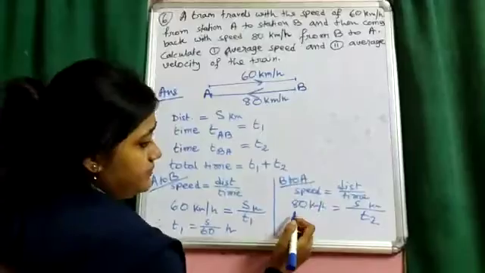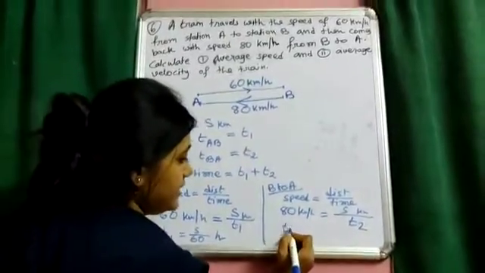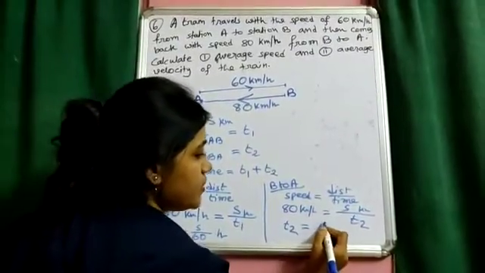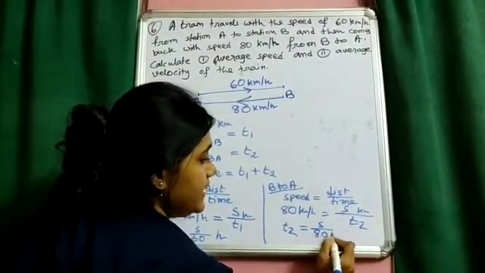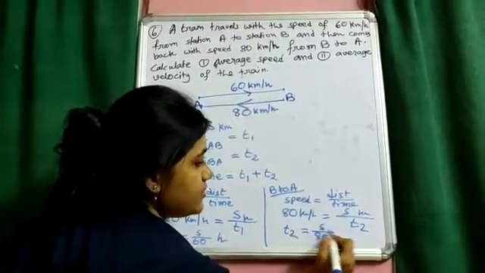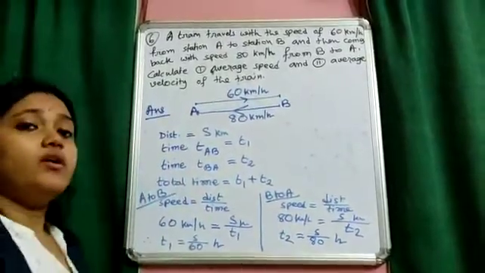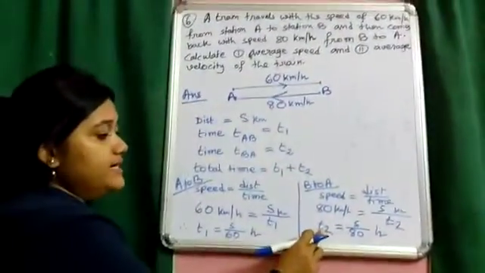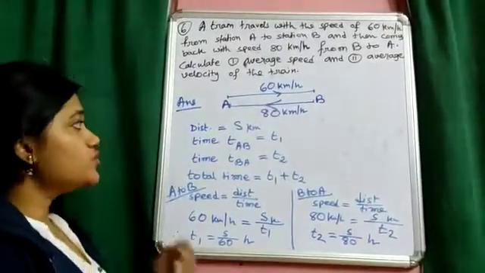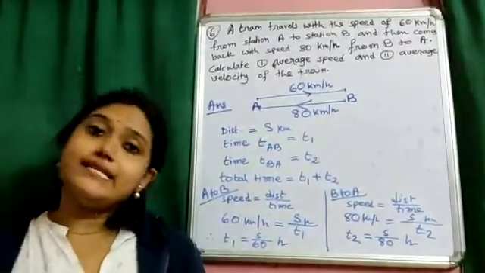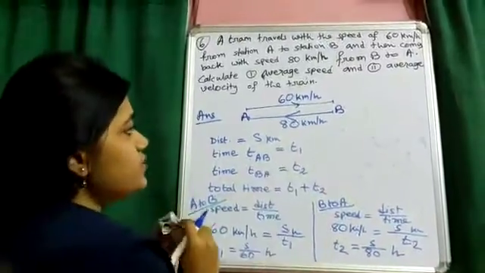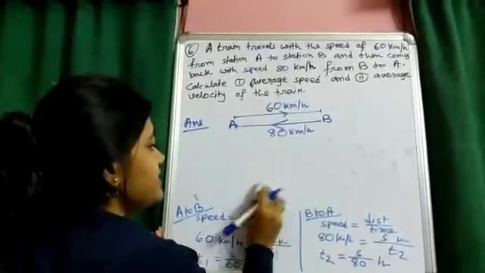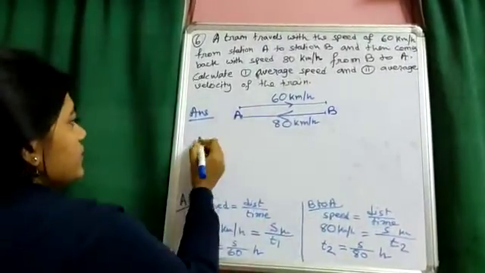Cross multiplying, T2 is equal to S divided by 80, and kilometer cancels out, so time will be in hour. Now I have got T1 time and T2 time. So what will be the total time taken? Total time we have written as T1 plus T2.